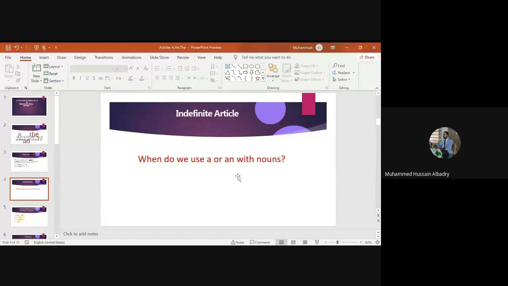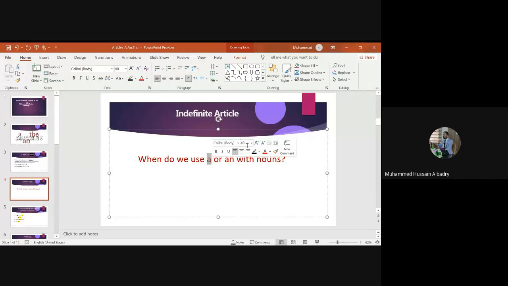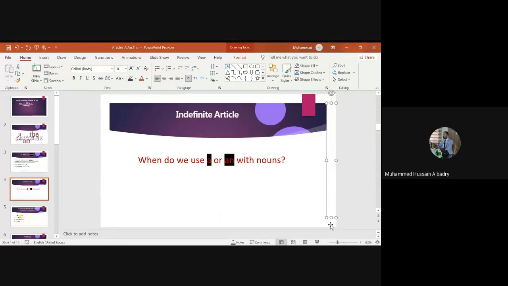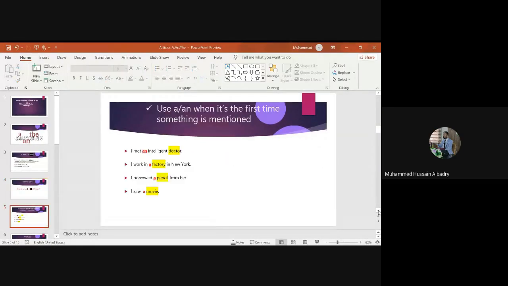When do we use a or an? We'll talk about a and an. Number one, use a or an when it is the first time something is mentioned.